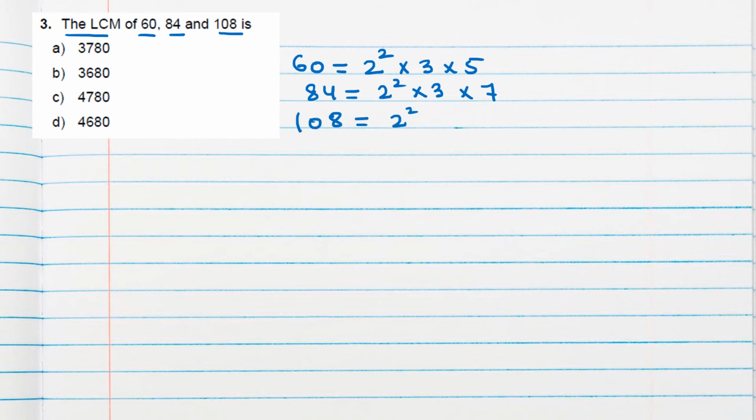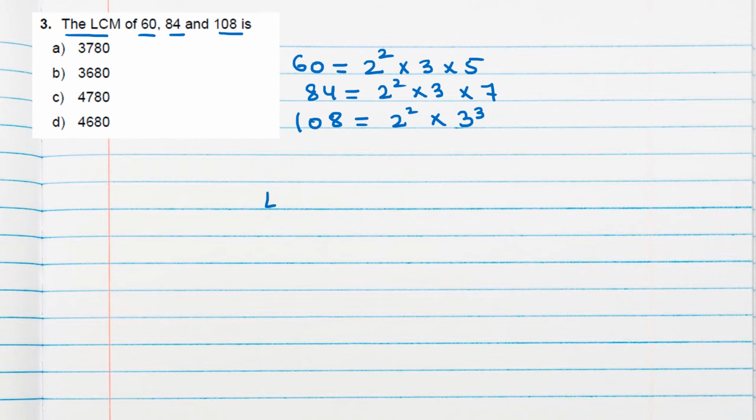I already solved them: 60 can be written as 2 square into 3 into 5, 84 can be written as 2 square into 3 into 7, and 108 can be written as 2 square into 3 cube. These are the prime factorizations we found in question number 1.